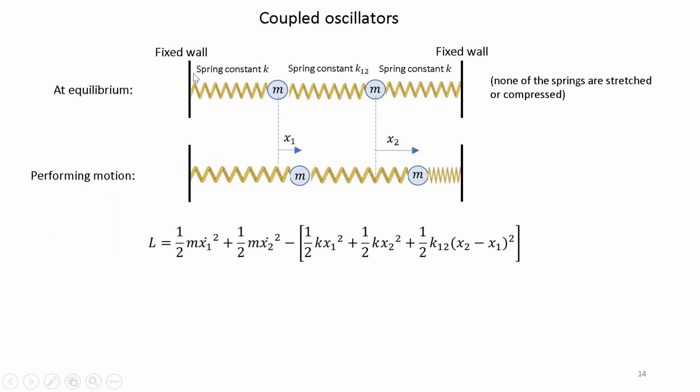The leftmost and the rightmost are two fixed walls. Suppose I set this up and they are all just sitting at equilibrium, and none of the springs are stretched or compressed.